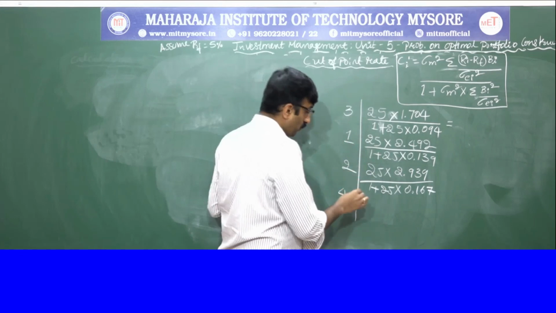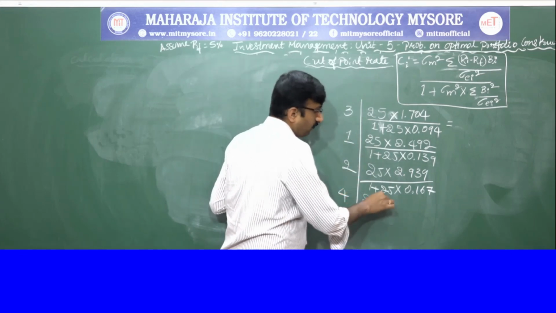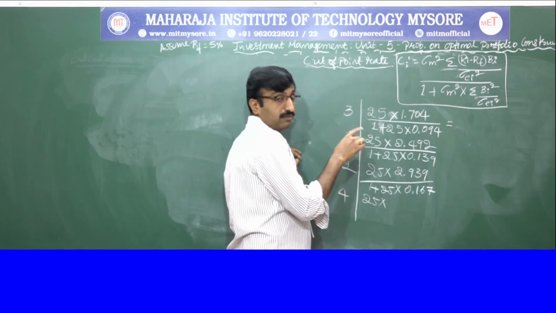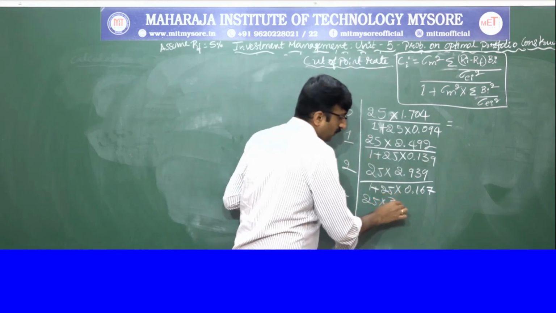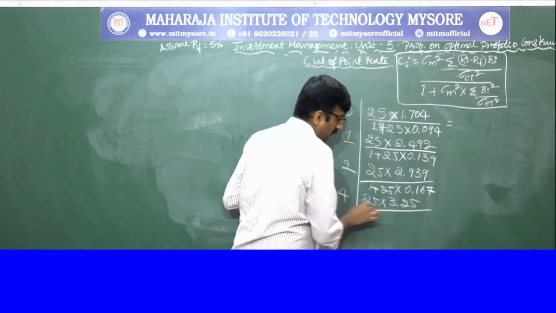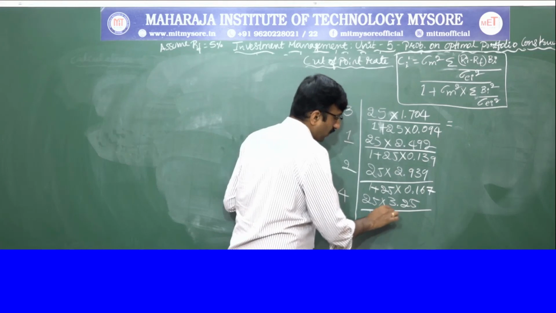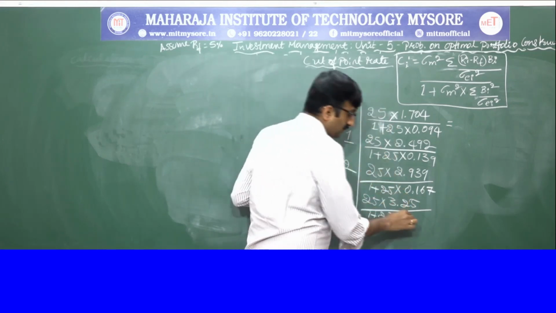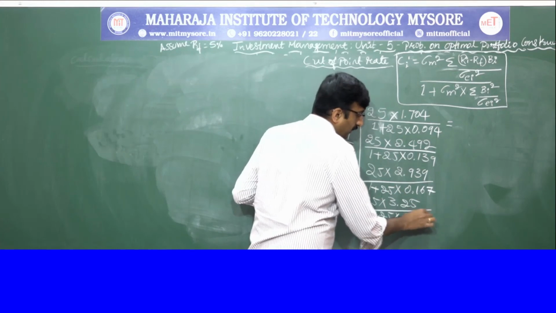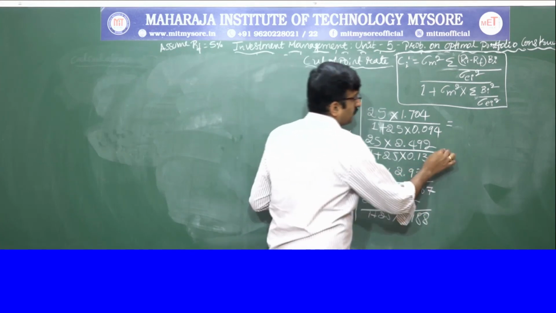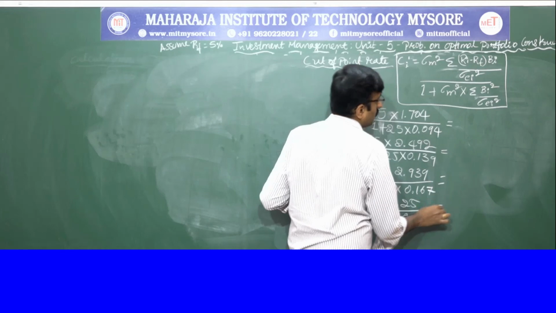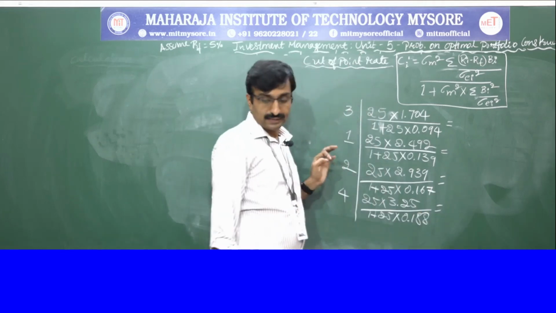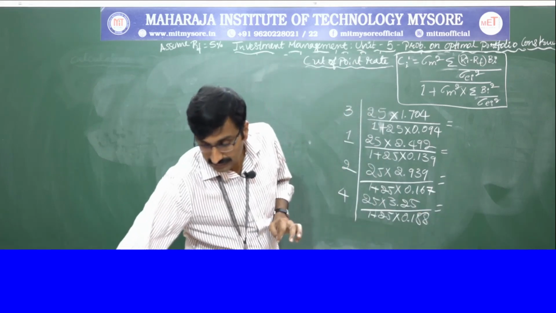Okay. Then same thing you go for the last one, 25 into Ri minus Rf, how much we got? 3.25 divided by 1 plus 25 into particular beta by its standard deviation Ei square is 0.188, cumulative of that. So, find out for the individual security, you will get the answer.